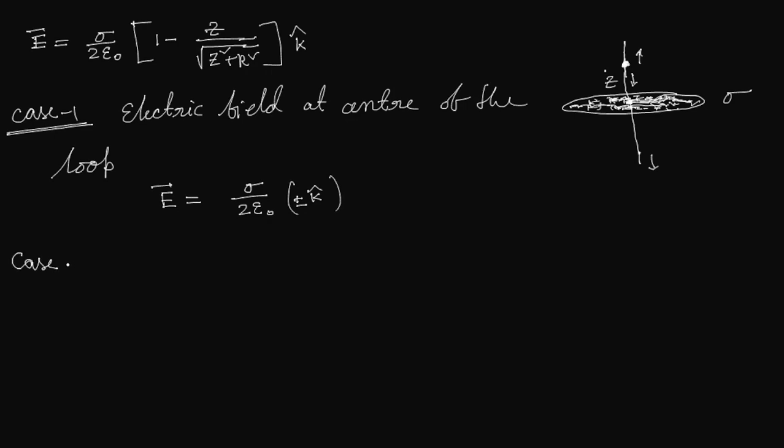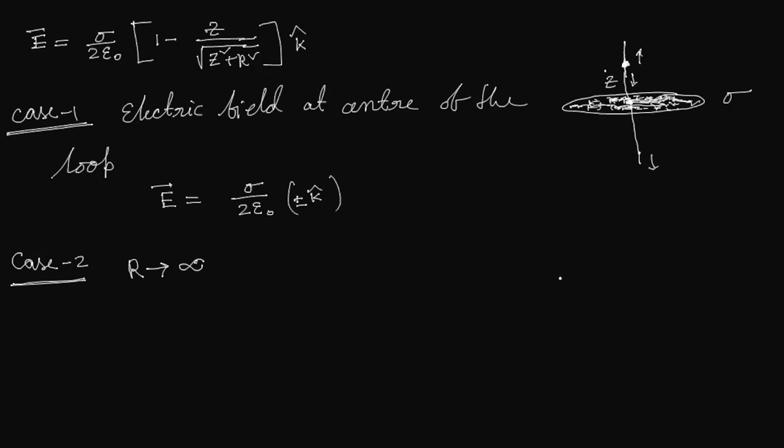Let me write case 2. Case 2, let's consider the radius of this loop is very, very large, that is infinite. So when the radius is infinite, the x direction and the y direction both will be infinite.